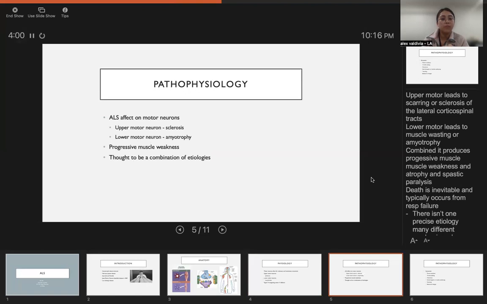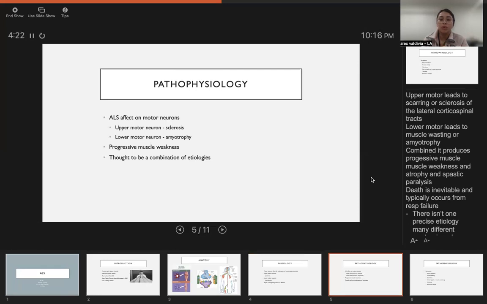So ALS affects motor neurons, just like I've been talking about. The upper motor neurons lead to scarring, or sclerosis, of the lateral corticospinal tracts. So this is what happens when you have ALS.